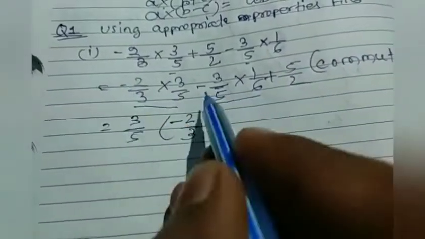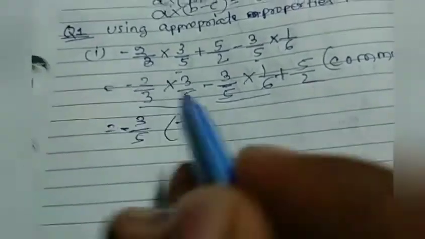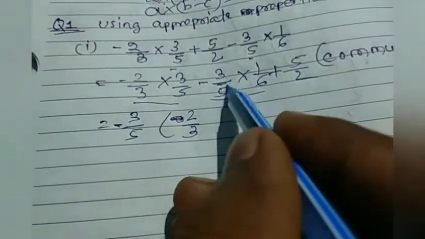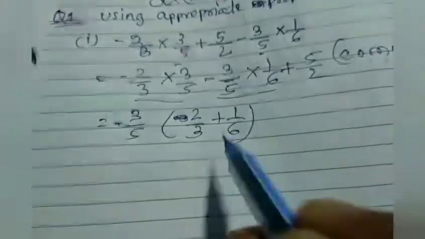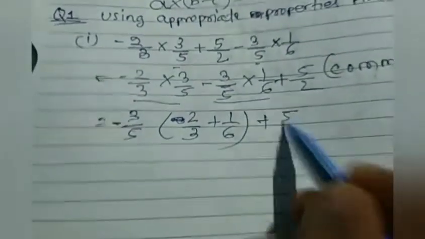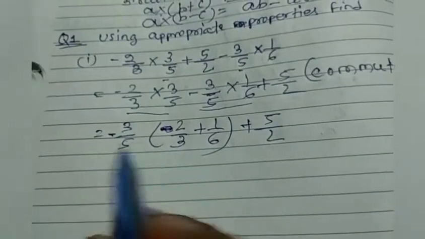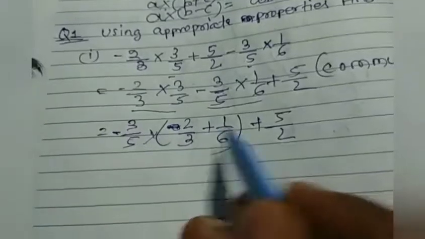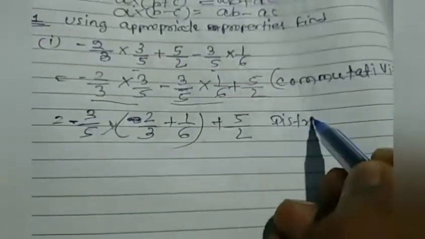Minus is also taken because both multiplications contain a negative. Then it becomes 2 by 3. Then when 3 by 5 is taken common, the remaining is plus 1 by 6. Then plus 5 by 2. So this property is known as multiplication over addition, that means distributivity.